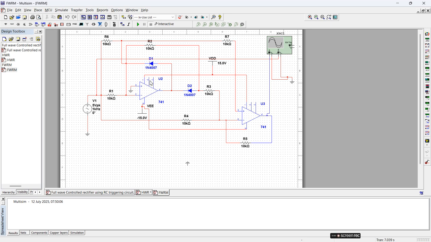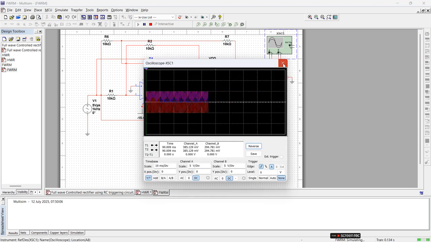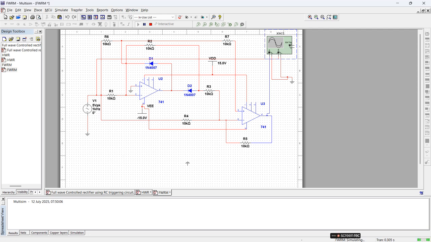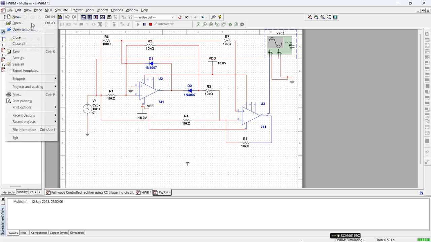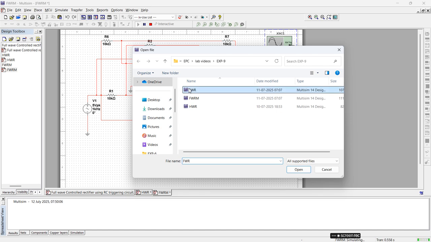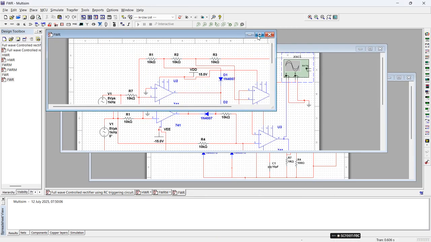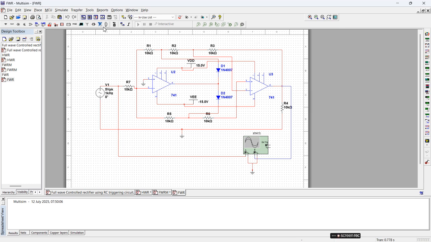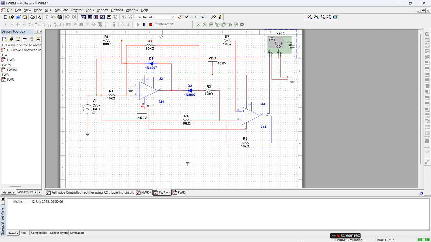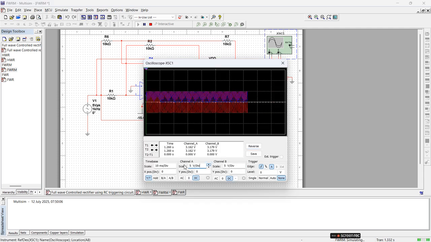This is my full wave precision rectifier circuit. Observe the output.